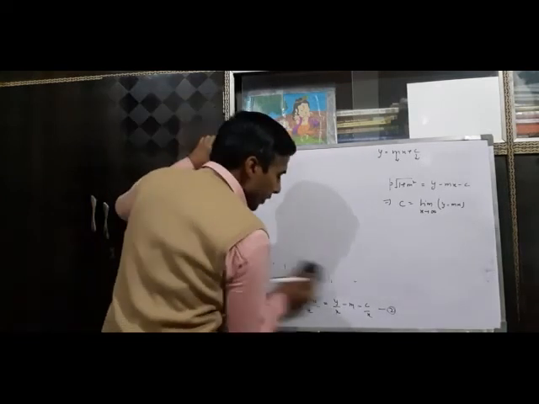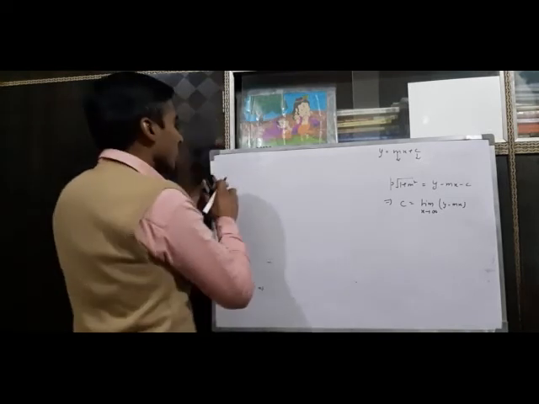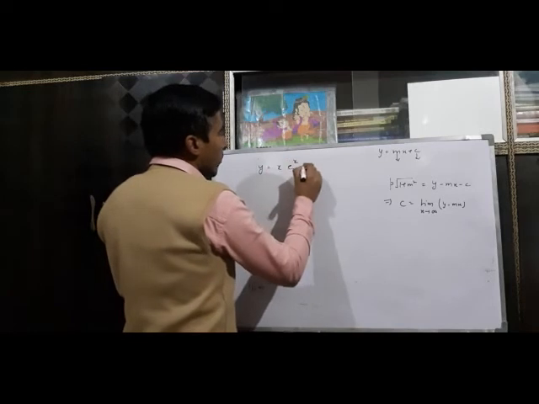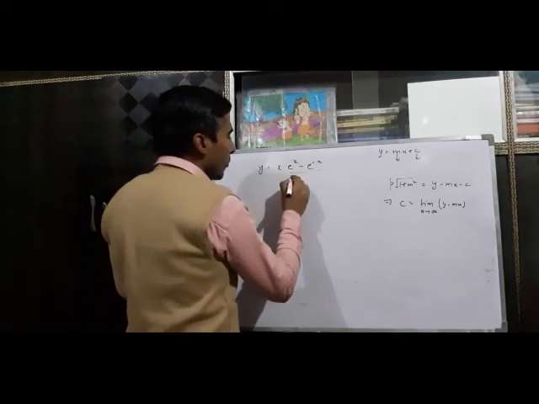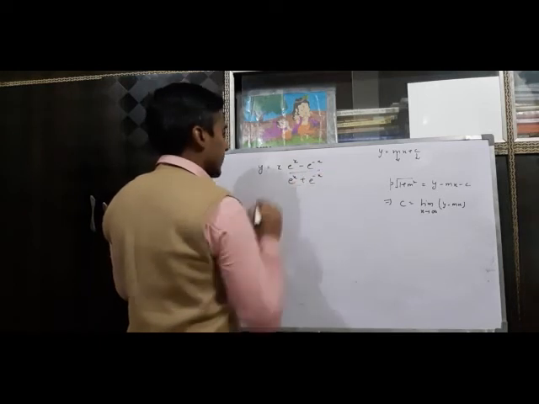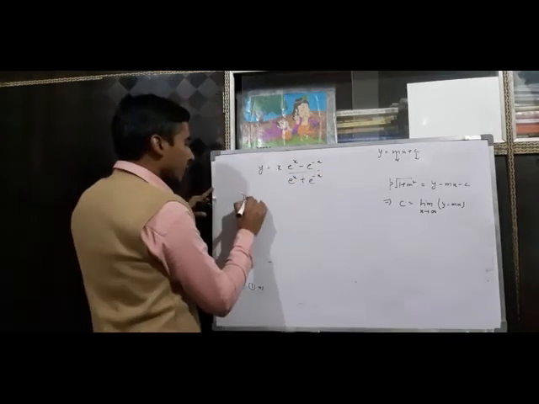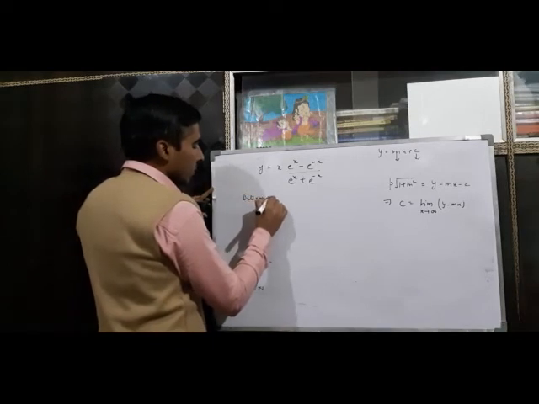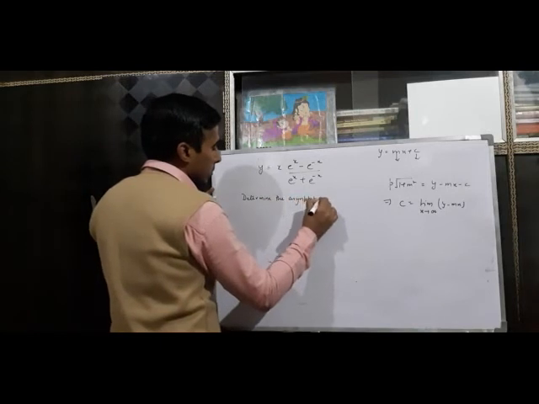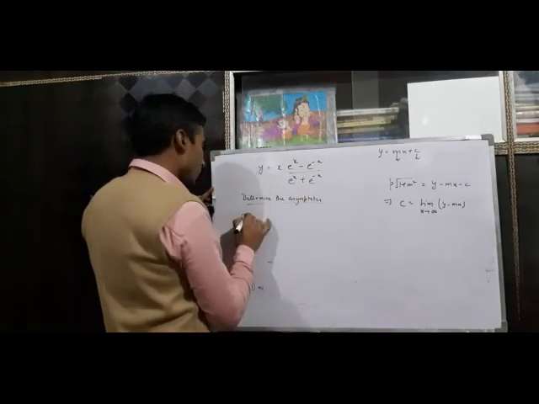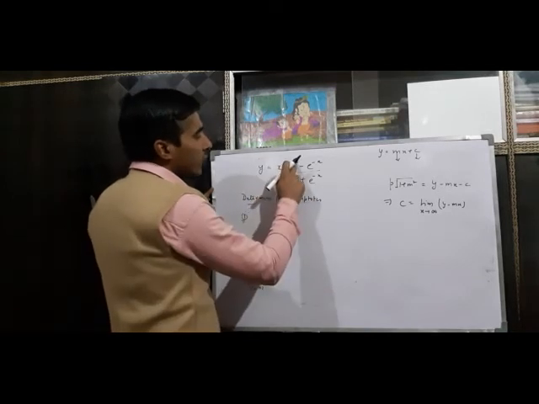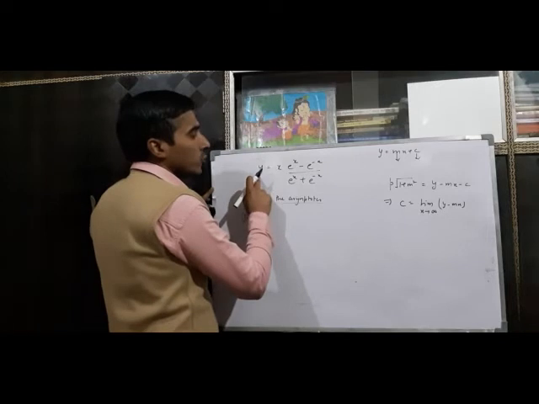Suppose we have a curve y is equal to x times (e raised to power x minus e raised to power minus x) upon (e raised to power x plus e raised to power minus x). And to determine the asymptotes, first of all, clearly for any finite value of x, y cannot approach infinity.